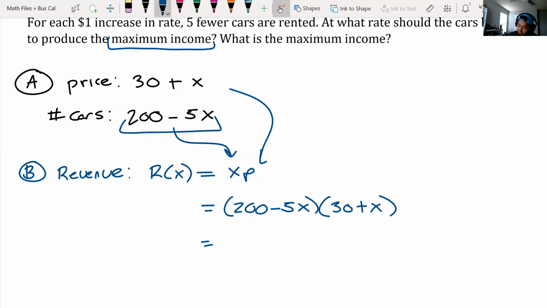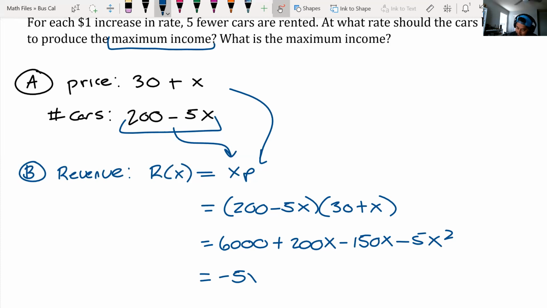200 times 30 gives me 6,000. And then 200 times x is 200x, minus 5 times 30, 150x, minus 5x squared. Okay, clean up, highest power first: negative 5x squared. Combine your x's, I get 50x plus 6,000.